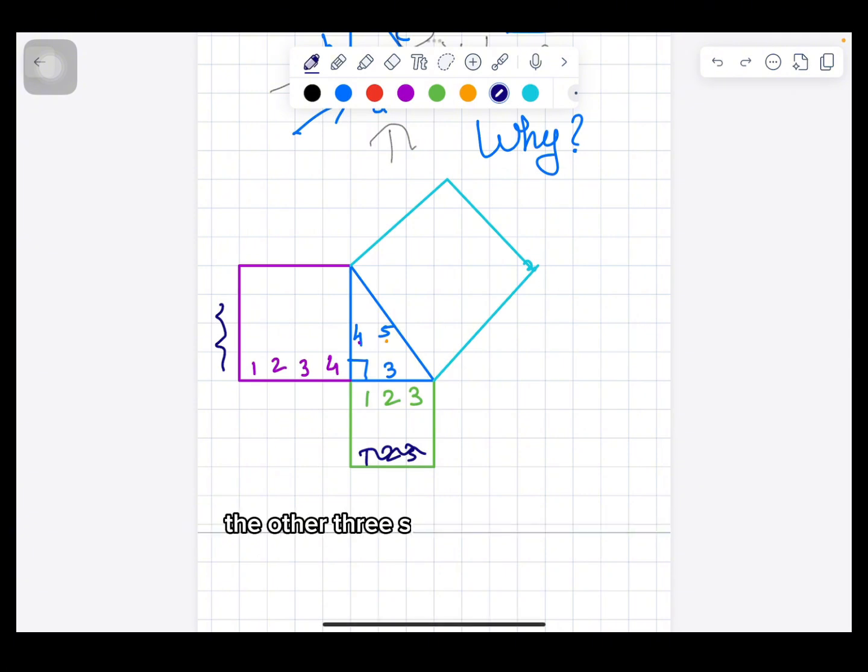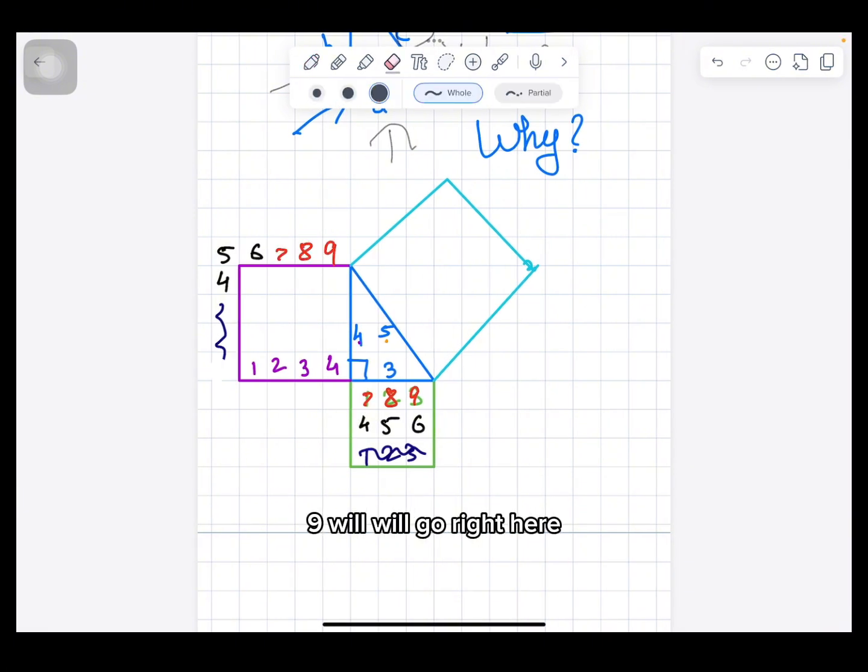The other boxes, just say they are 4, 5, 6, those three can go here. In the same way, the last one, 7, 8, 9, will go right here.